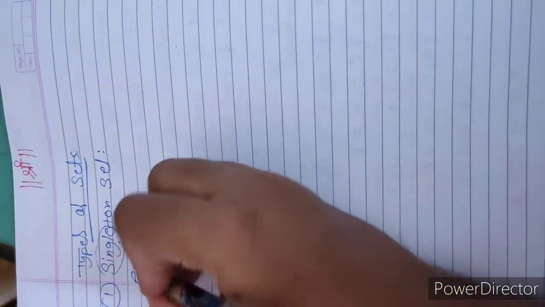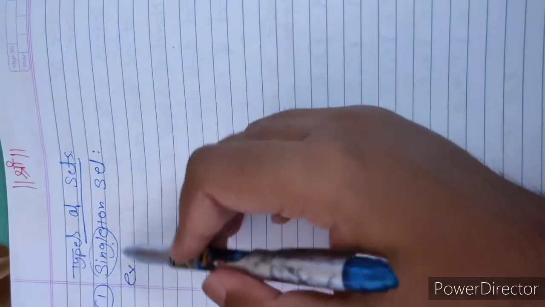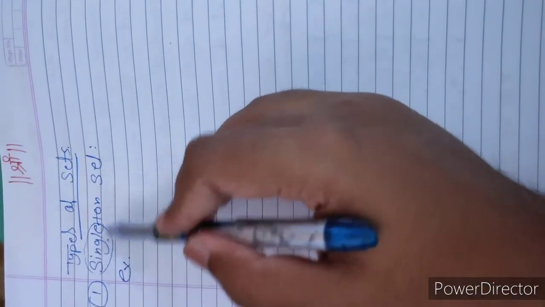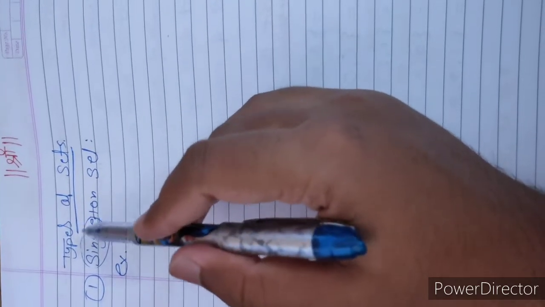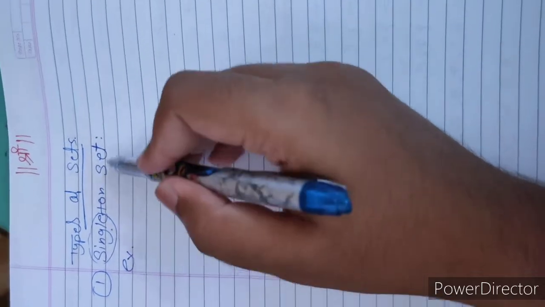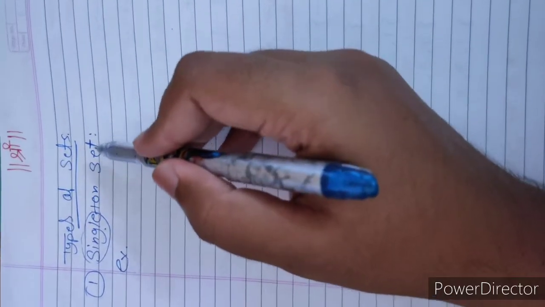I am writing only an example, not the definition, because you don't have to write the definition in the exam. We learn the concept of that topic. Singleton set means the set which carries only one element.